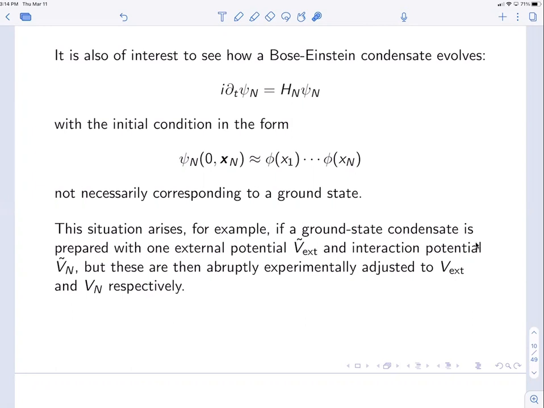So you end up abruptly changing the operator, and then you're given an initial condition from a ground state of a different operator. So then the dynamics are expected to be interesting. And it is actually possible to adjust the interaction potential by a method called Feshbach resonance management. So the scattering length can be tuned.